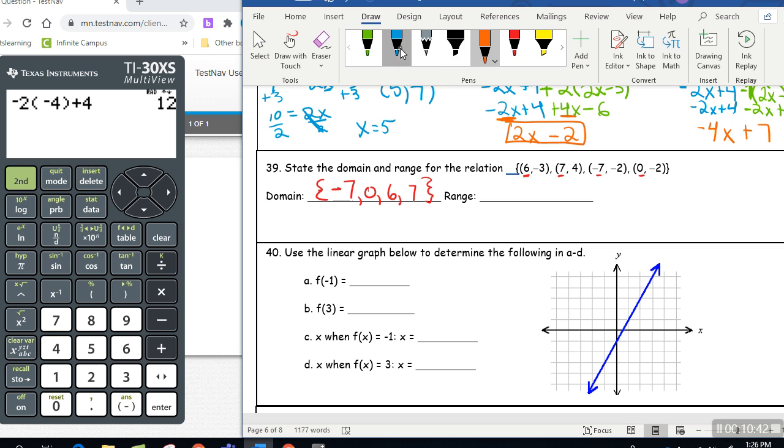And the range is the y values. From our smallest, it would be negative 3. Now there's two negative 2s, so we just need to include one of them. No sense in writing it multiple times. So negative 3, negative 2, and 4.